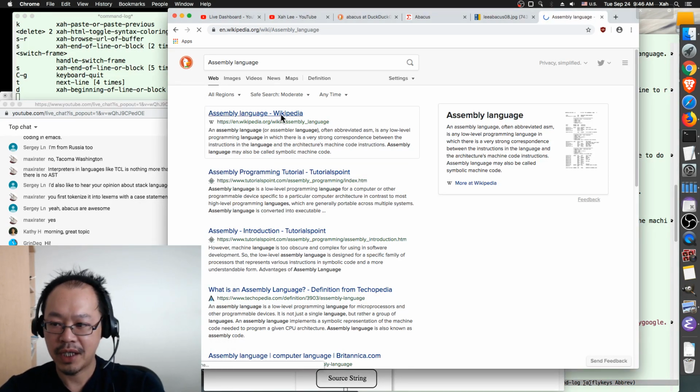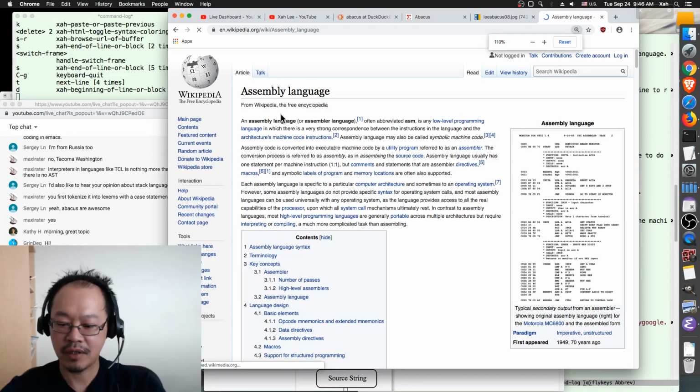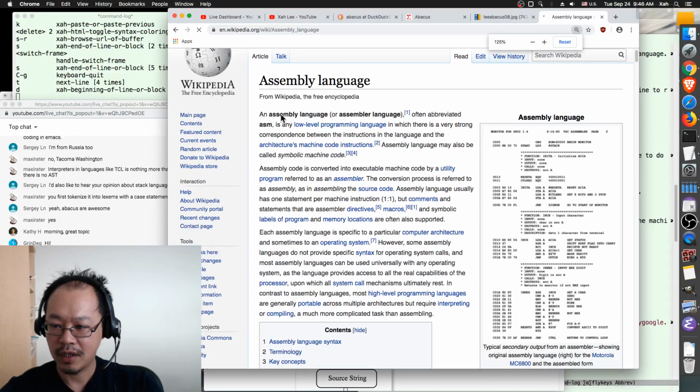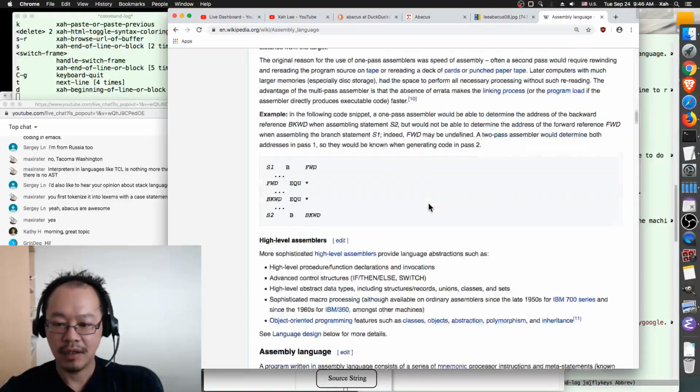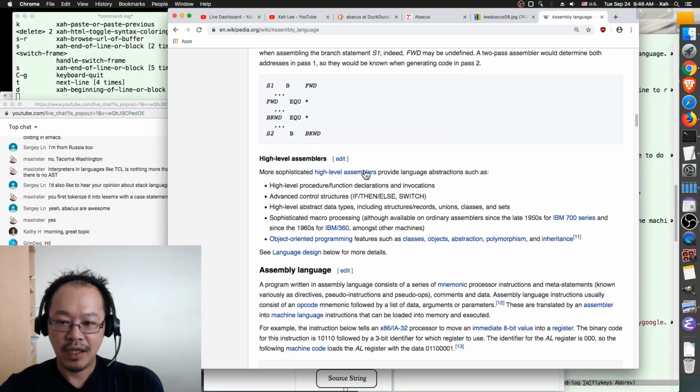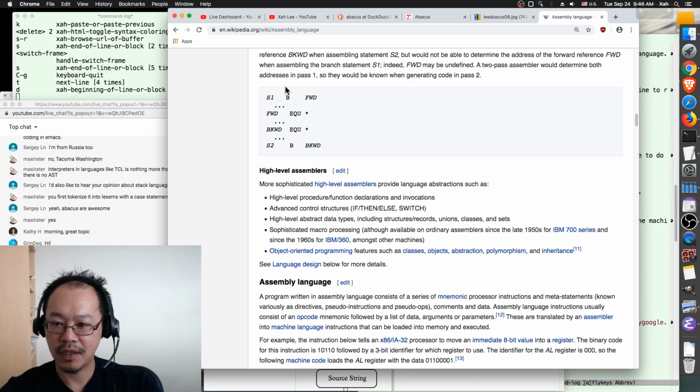So here is Wikipedia. You can see some examples of assembly language. Let's see. So here is an example of what this assembly language is.